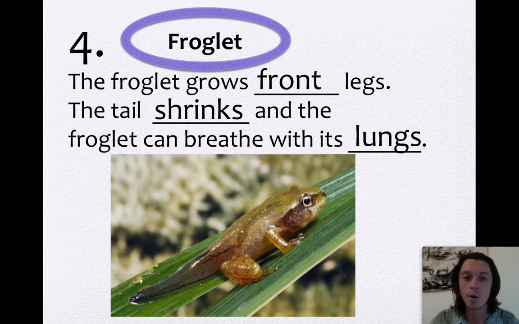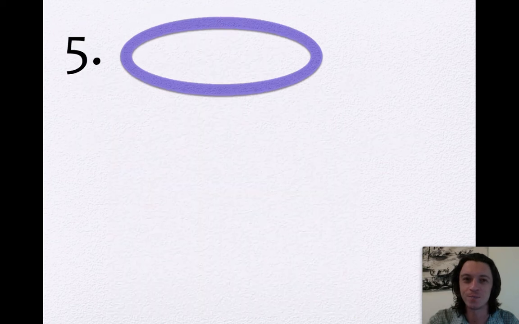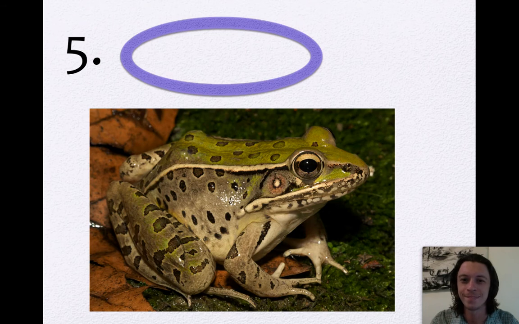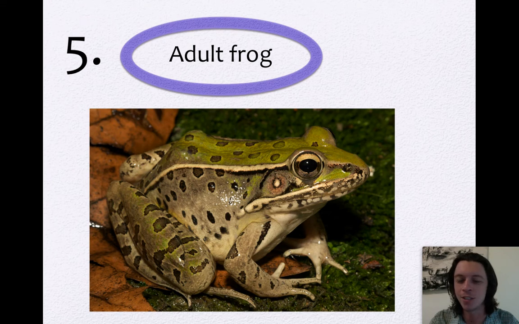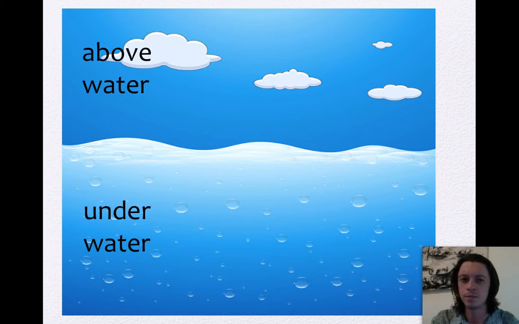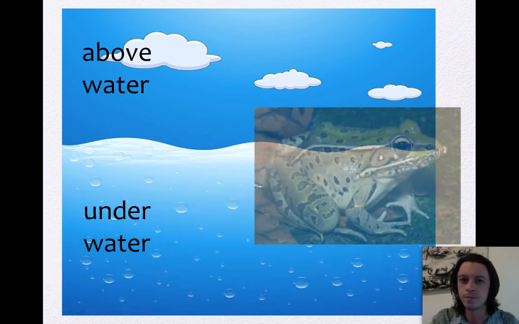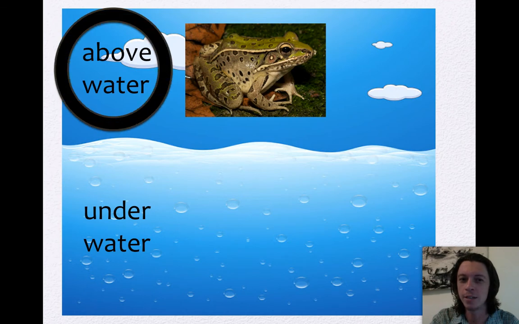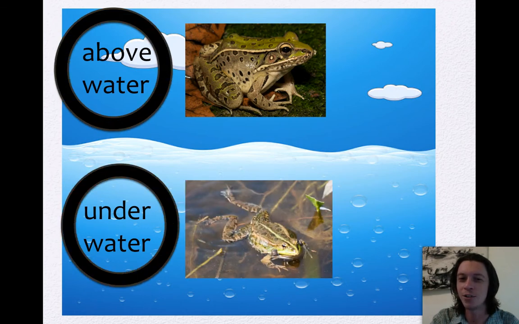Whew. Okay, almost finished. Step 5, the last step. Adult frog. Remember, adult is mature. So adult frog. Above water or underwater? Above water and underwater.